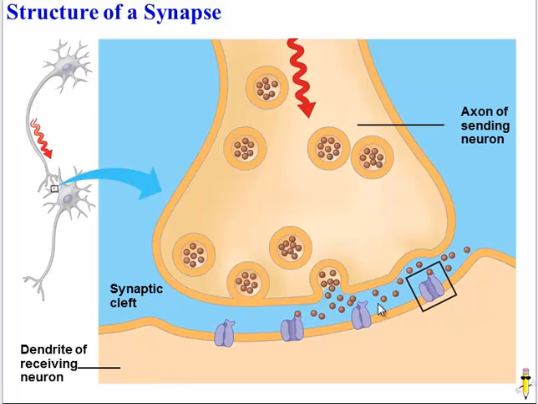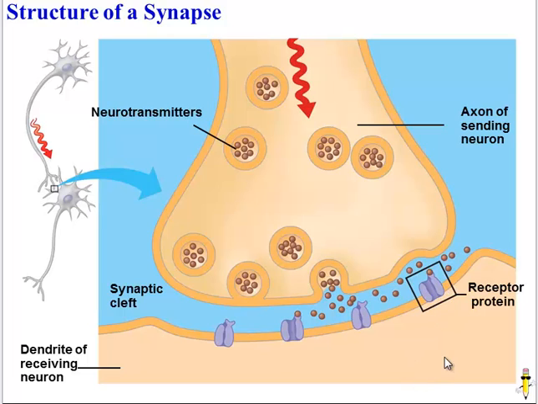The space between the 2 neurons is called the synaptic cleft. And then you'll note that there are neurotransmitters, these tiny little chemicals, in vesicles in the sending neuron. Also note that even though the neuron has a funny shape, like all cells, it's surrounded by a cell membrane, and that cell membrane has proteins in it, such as these receptor proteins.